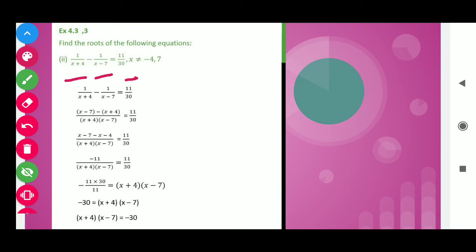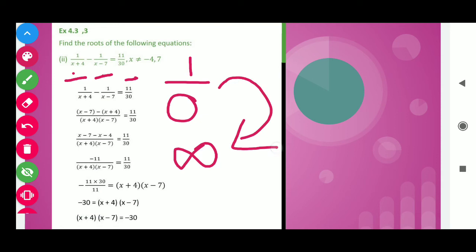Students, if we put minus 4 in this equation, then we get 1 over 0 in the first term. In this way, that comes to infinity. Similarly, if we put 7, then we get 1 over 0. Similarly, we get infinity. So except these values, we have to calculate the values of this equation.